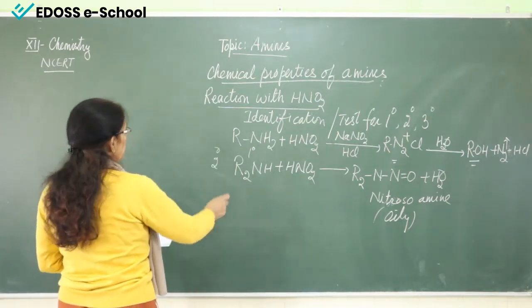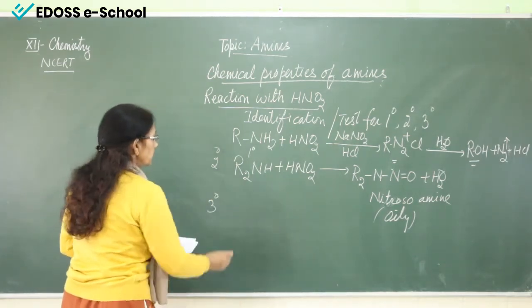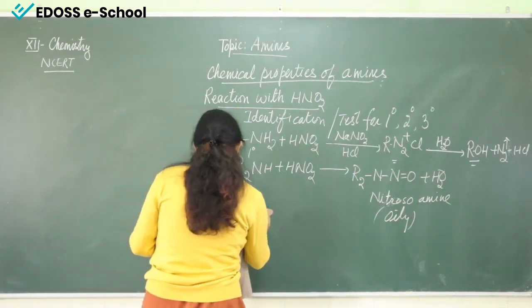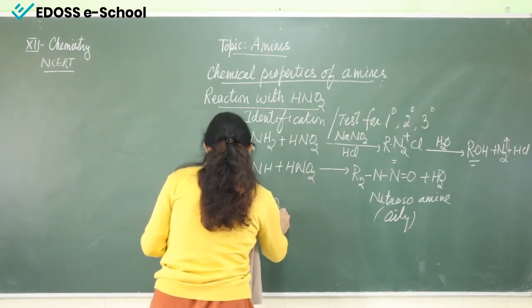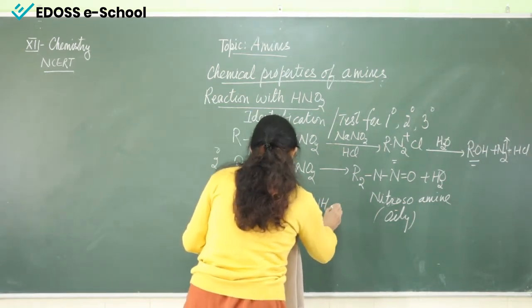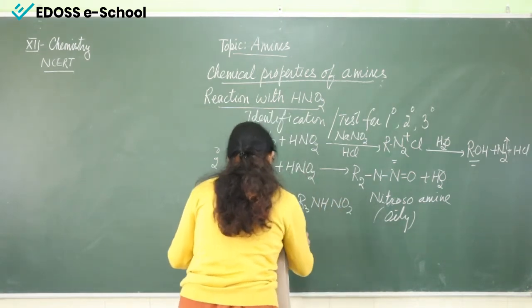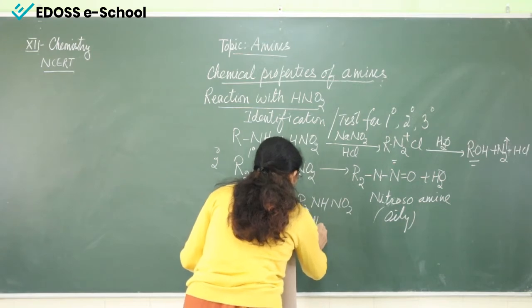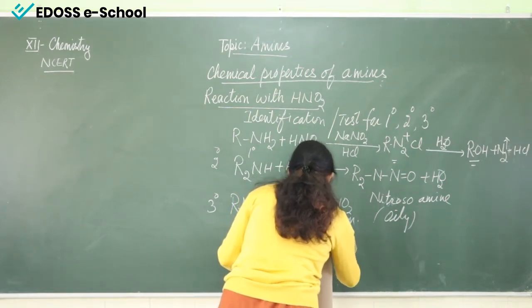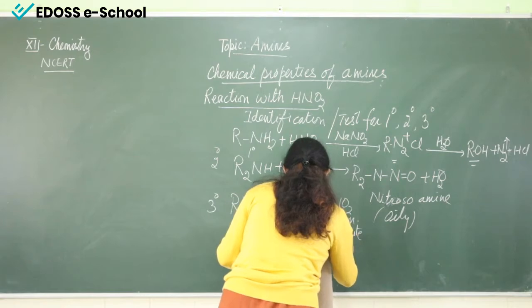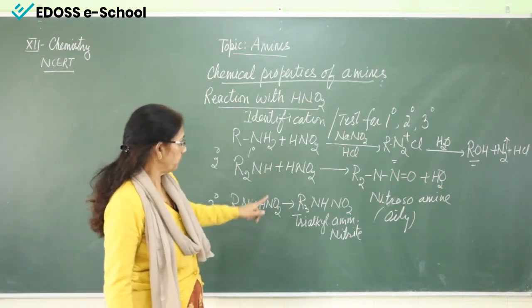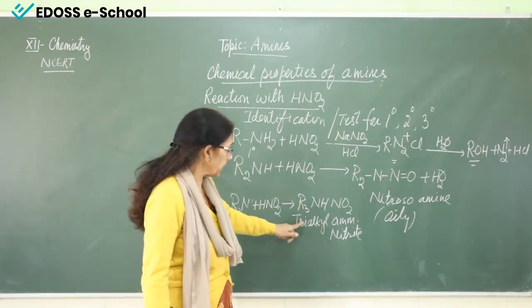Now for tertiary amine, this is tertiary amine, meaning R3N. In the same way we react it with nitrous acid, and we will get trialkyl ammonium nitrite.